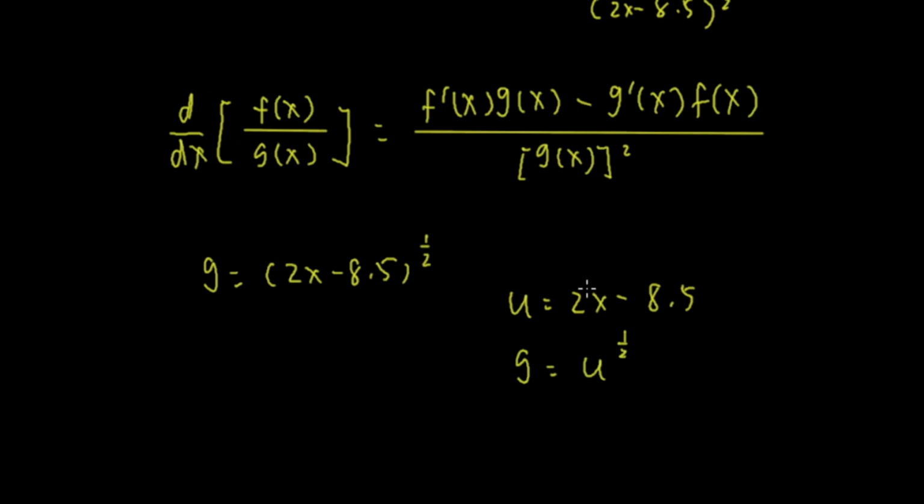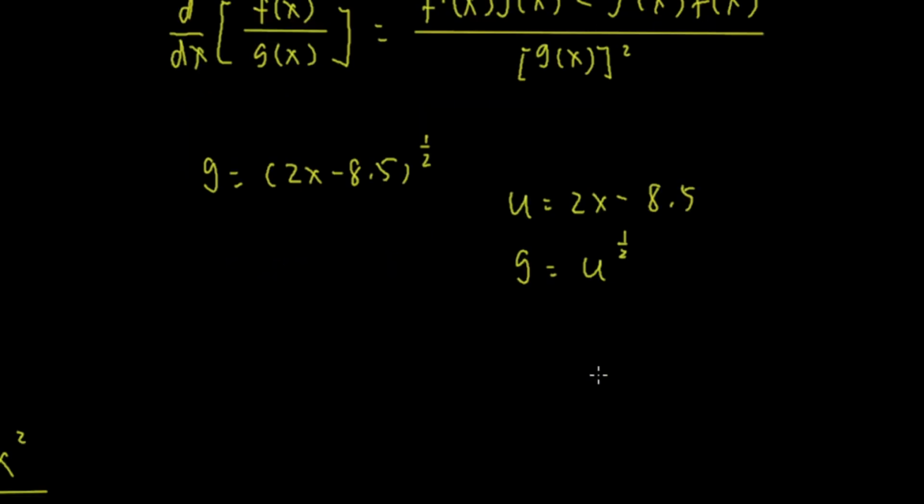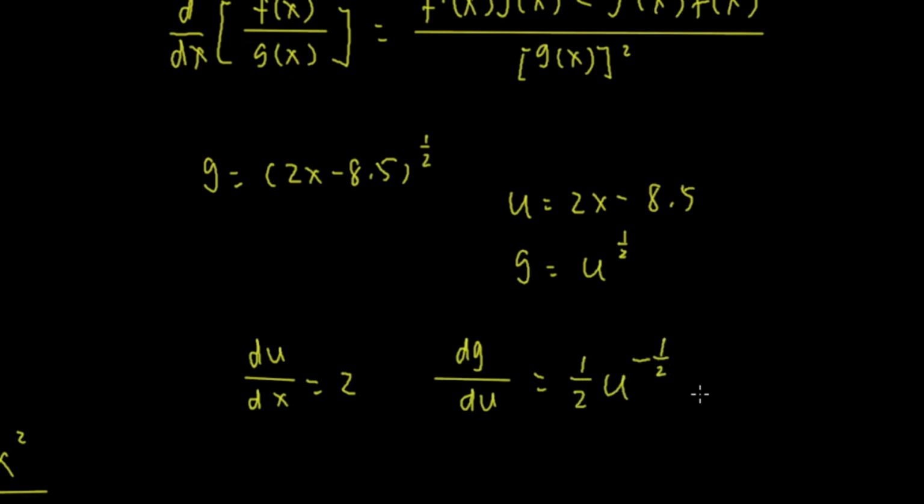Now, take the derivative of u with respect to x. We have du over dx is equal to 2. Next, take the derivative of g with respect to u. So that will be dg over du. That will be 1 over 2 times u to the power of negative 1 over 2.